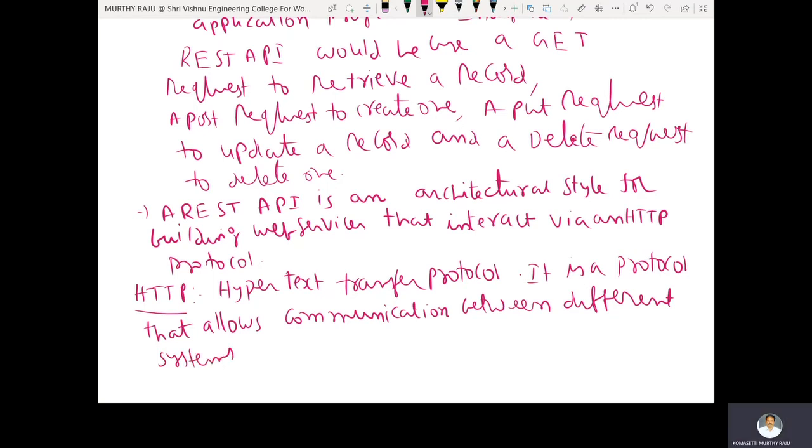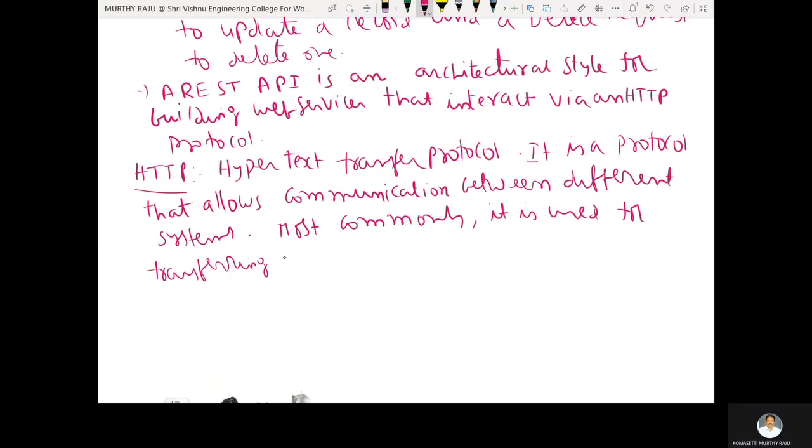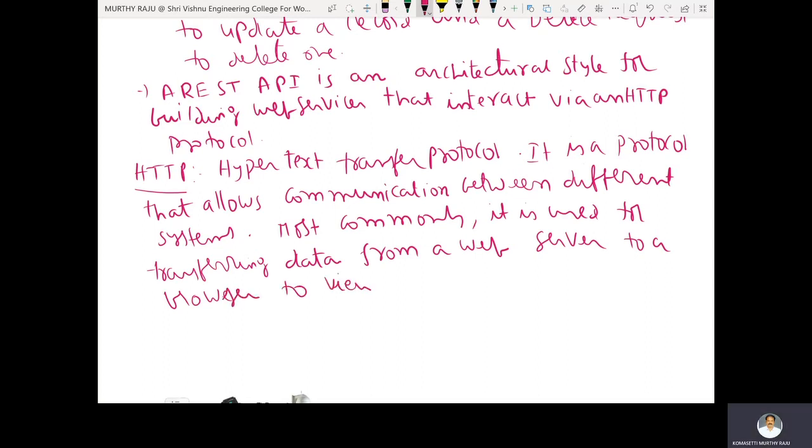All these are the standards. Most commonly, it is used for transferring data from a web server to a browser to view web pages.